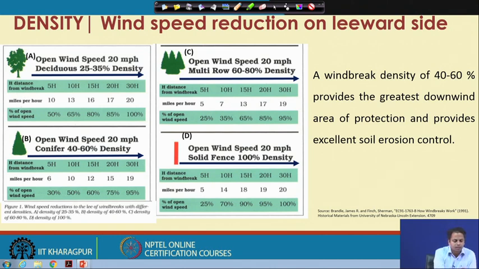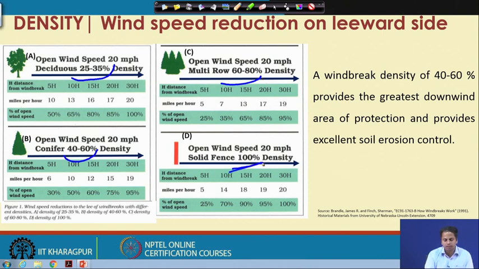In the first case, A, we are using a deciduous tree having 25 to 35% density. In case B, we are using 40 to 60% density by placing conifer trees. In case C, if you want to increase further, you can use multiple rows. Let us say our density is 60 to 80% here by placing multiple rows of conifer trees, and by placing a solid fence.